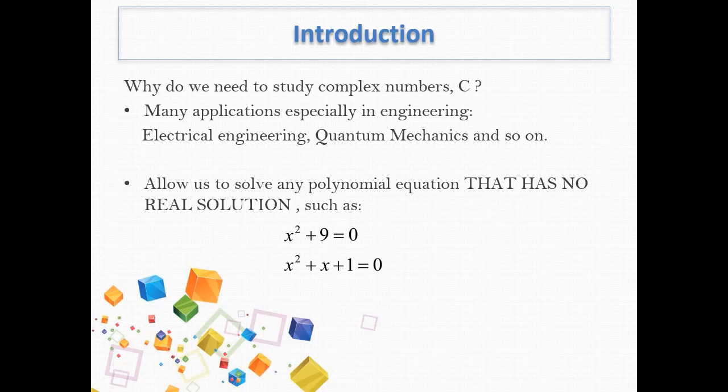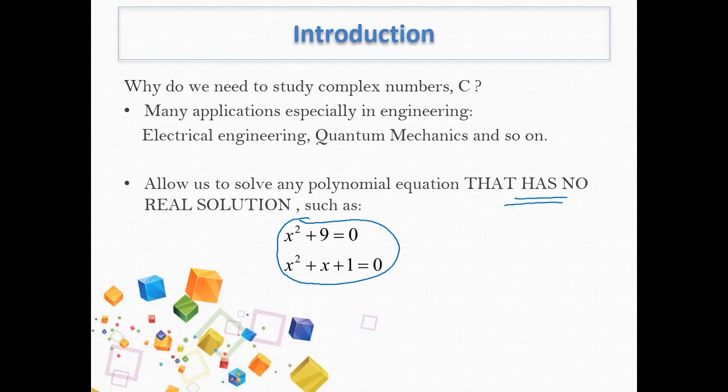Apart from that, in the mathematical field, it helps us to solve any polynomial equation that has no real solution. For example, like this quadratic equation, these two quadratic equations have no real solution.